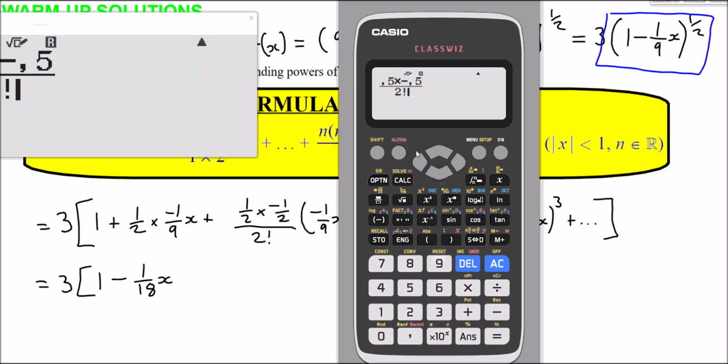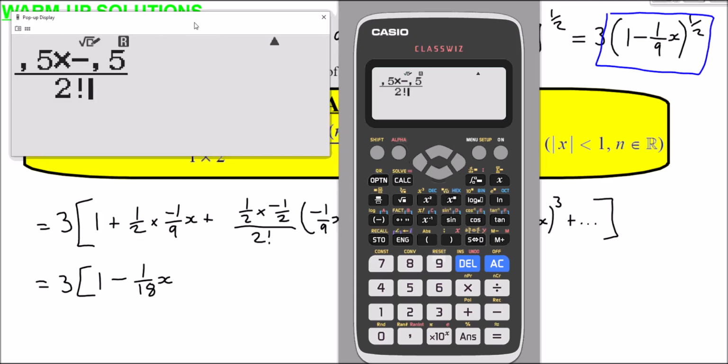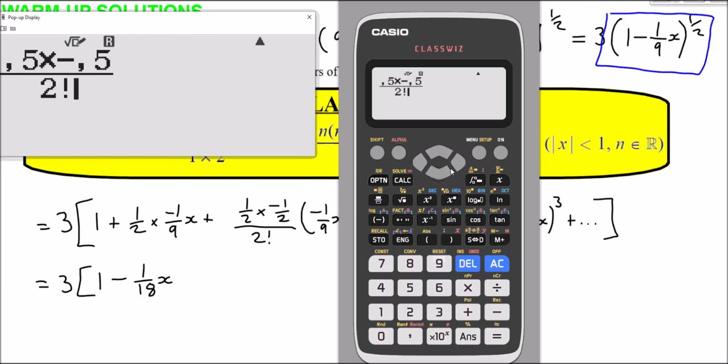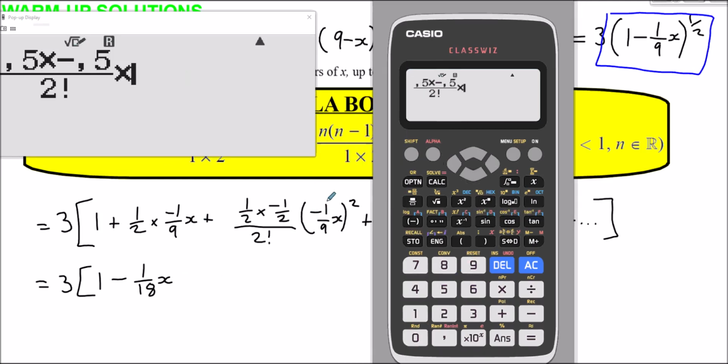Shift the x minus 1 button gives you factorial, like so. Then this is all multiplied by minus 1/9 squared to get the coefficient of x squared. I know that minus 1/9 times minus 1/9 is 1/81, but you can just type it on your calculator as minus 1/9 all squared if you want to.